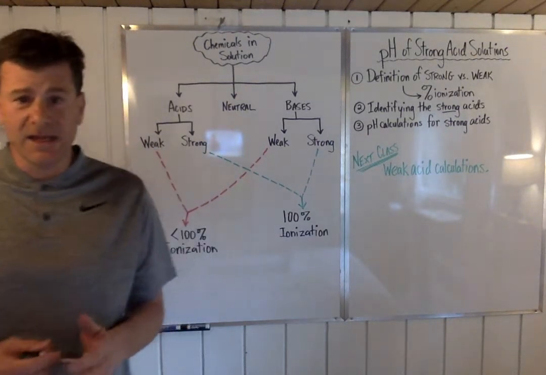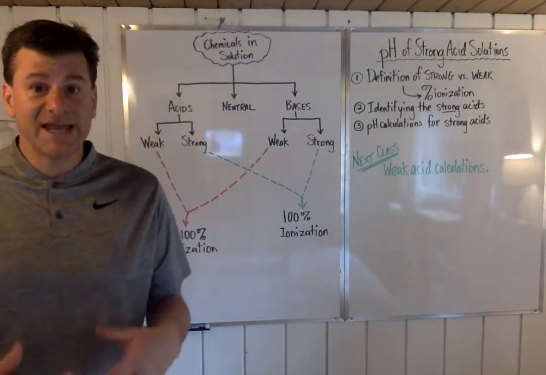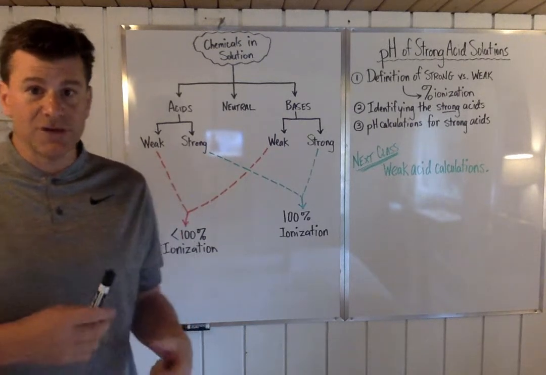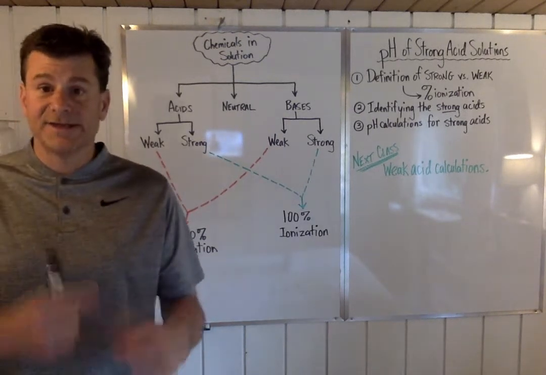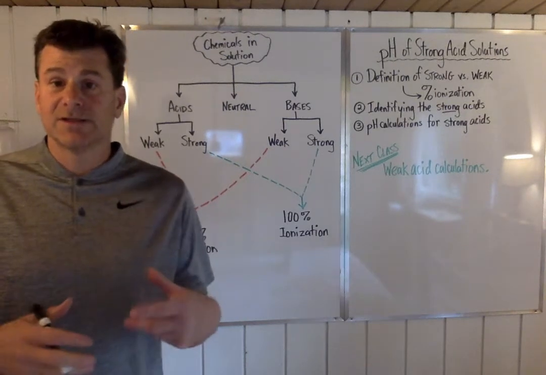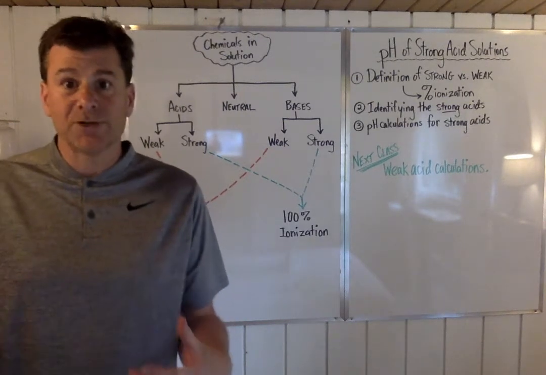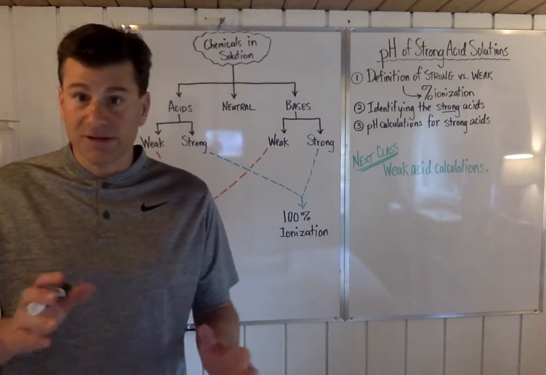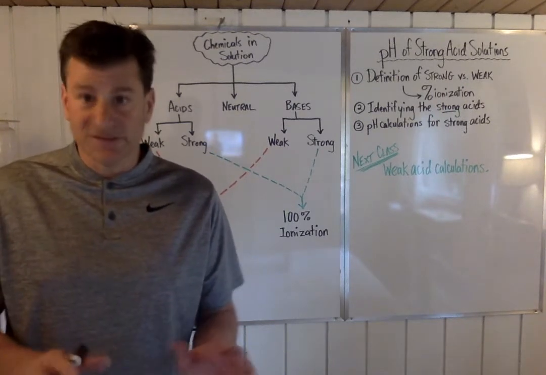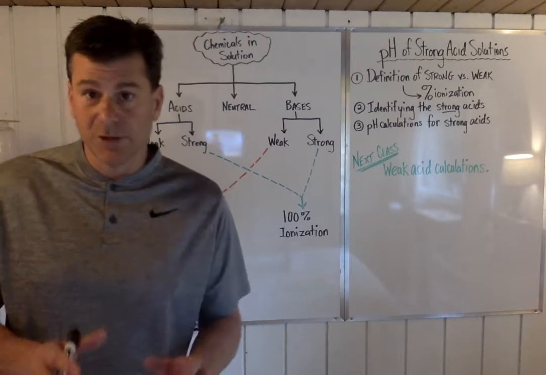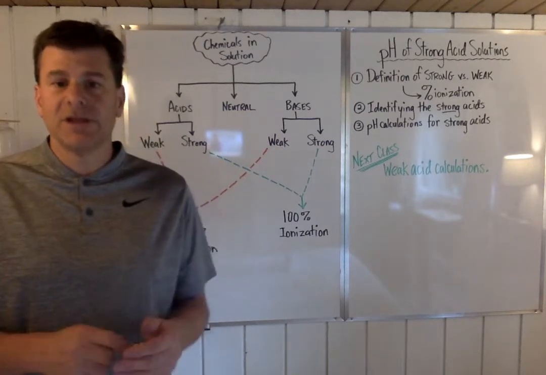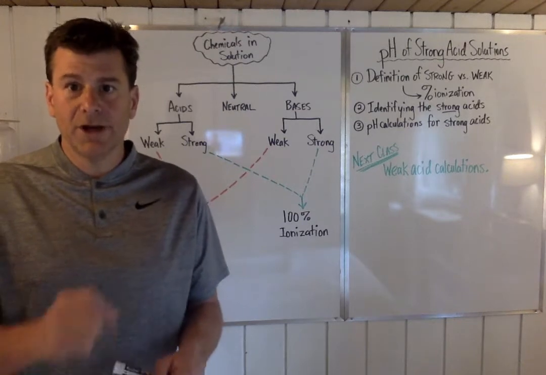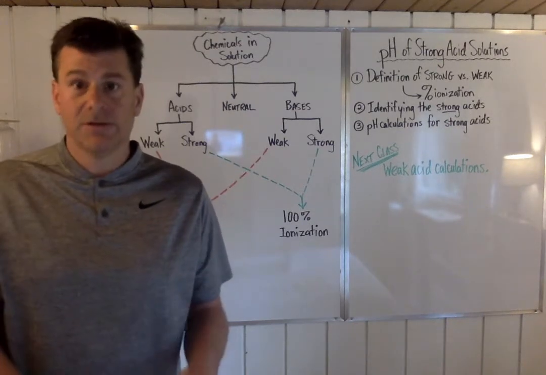You'll see that in my categorization, the strong acid and the strong base have that green line pointing to the same thing, which means the word strong is a descriptor of the chemical and what it does, regardless of whether it's acid or base, regardless of whether it makes the pH above 7 or below 7. The green line is pointing to 100% ionization. 100% means all of it.